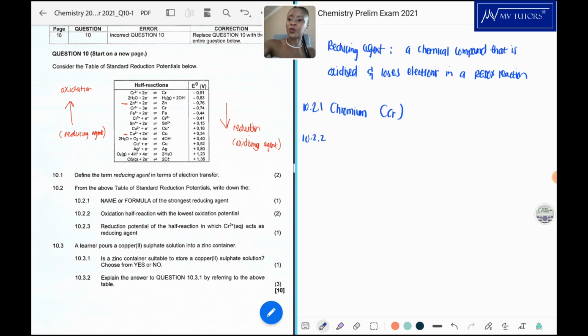So you start with 2Cl⁻, which is aqueous, and it goes all the way to chlorine gas, Cl₂, plus 2 electrons. I hope I didn't lose you guys there. So the lowest oxidation potential is definitely chlorine. All right, and now 10.2.3.